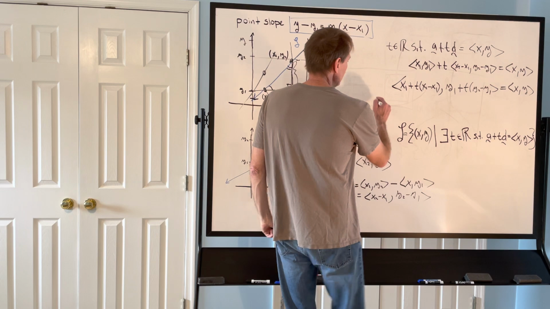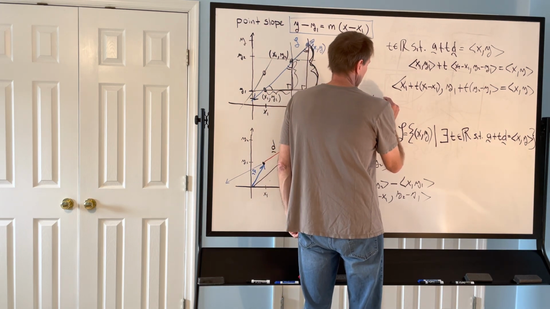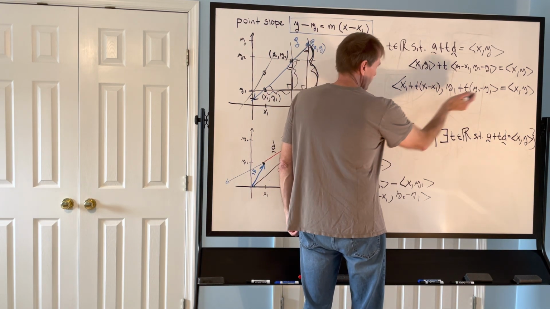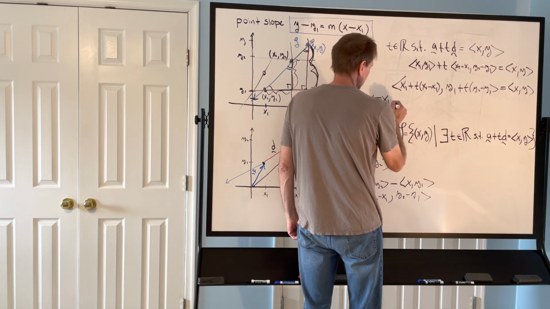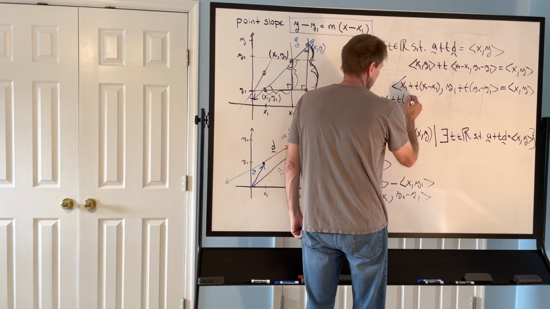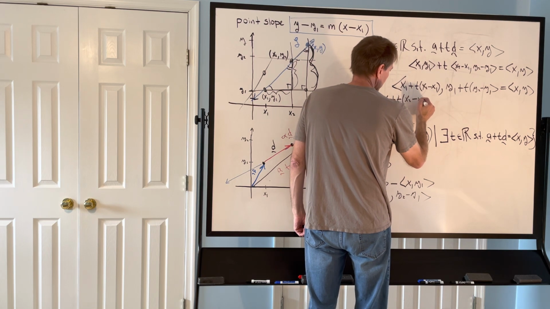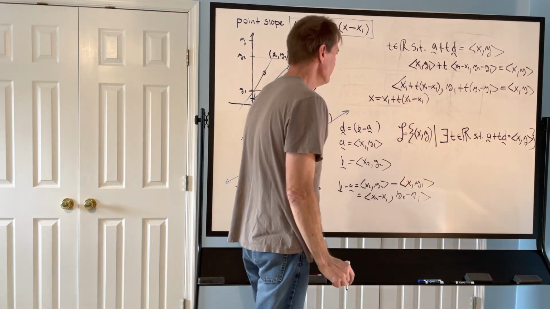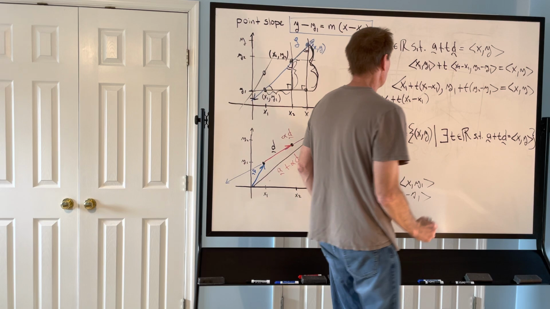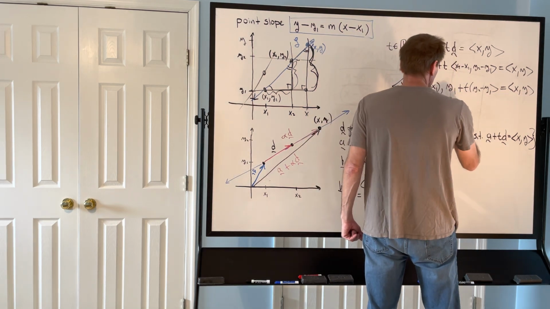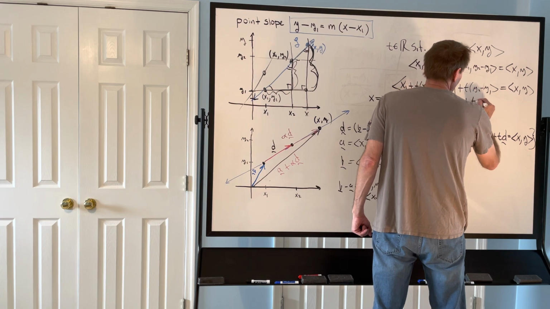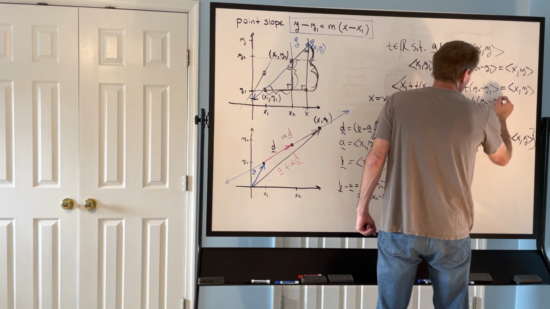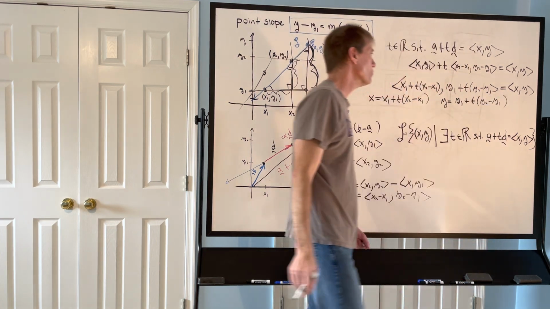So this would mean x would be equal to x1 plus t times x2 minus x1, and I probably should have gone to the other side. I love dyslexia. And y would be equal to y1 plus t times y2 minus y1.